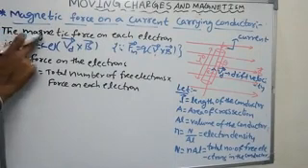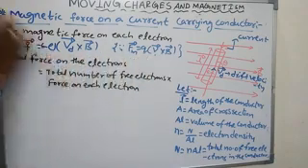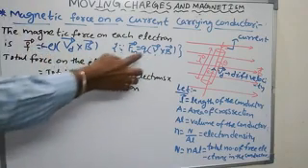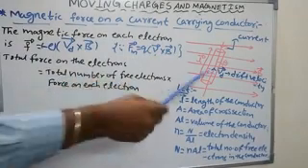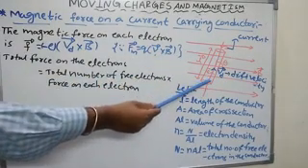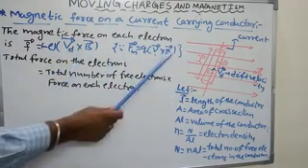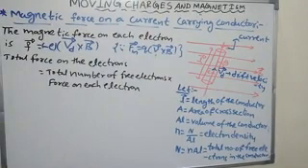So here, the magnetic force on each electron: the charge of the electron is minus e, and the velocity of the electron is the drift velocity, the average velocity acquired by the electron in a conductor, Vd bar, cross B bar. B bar is the external uniform magnetic field. This is the magnetic force on each electron.